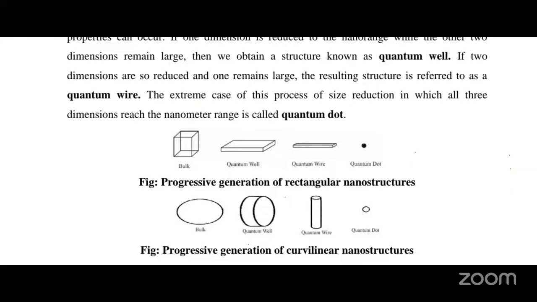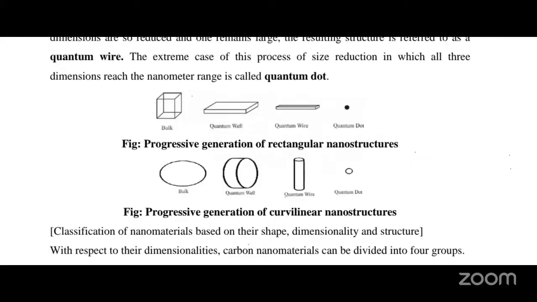Now we have to observe these diagrams. The first one is bulk, the cubical structure. If one dimension is completely reduced into nano range, we get quantum wells, which are sheet type.